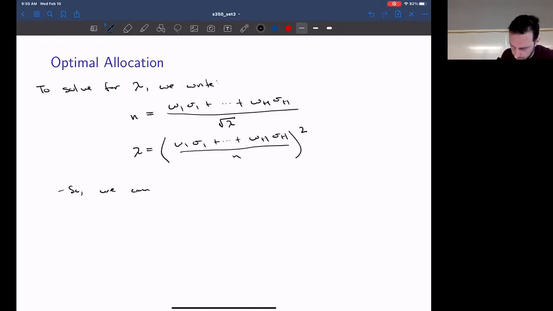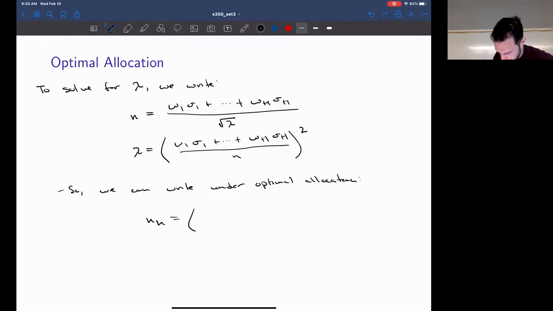Okay, and then real quick, we can write under optimal allocation that little nh is equal to wh sigma h over w1 sigma 1 plus wh sigma h, multiplied by n.